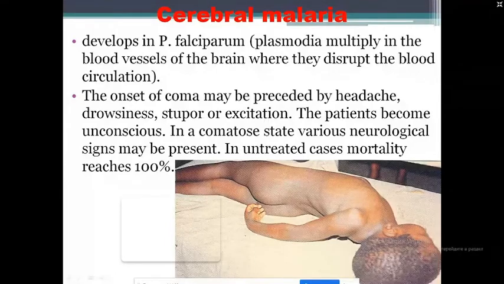The patients become unconscious in a comatose state. Various neurological signs may be present. In untreated cases, mortality reaches up to 100%. In case of treatment, mortality is 95%, the severest infection.